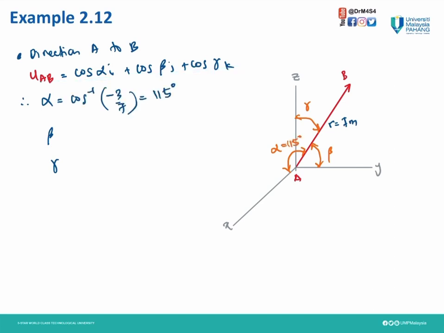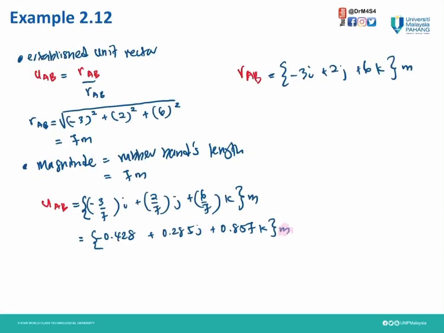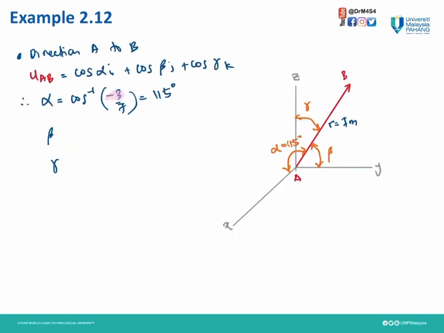For the alpha, we know negative 3 from our RAB, divided by the magnitude, which is 7. Therefore, cos inverse of negative 3 divided by 7, so we get our alpha is 115 degree.